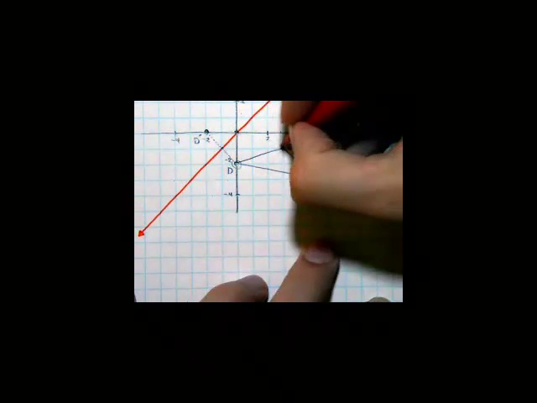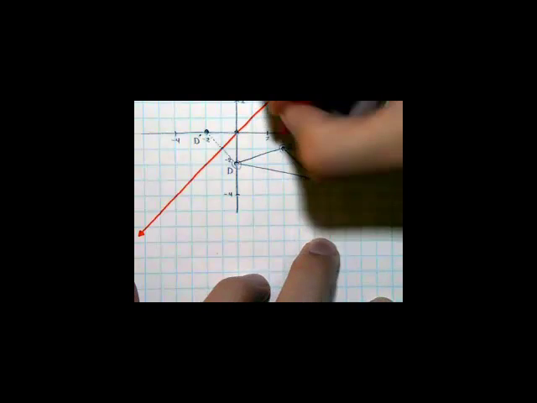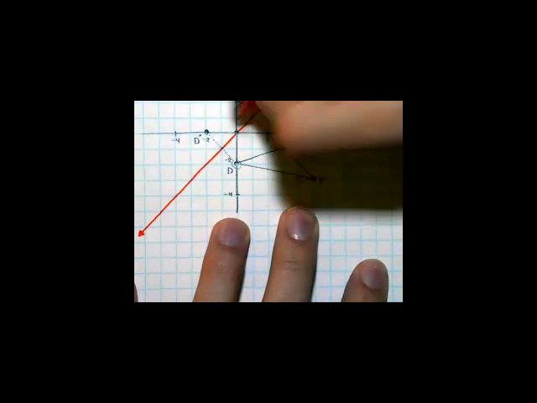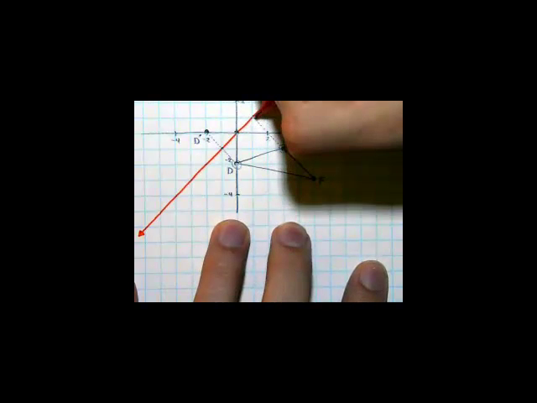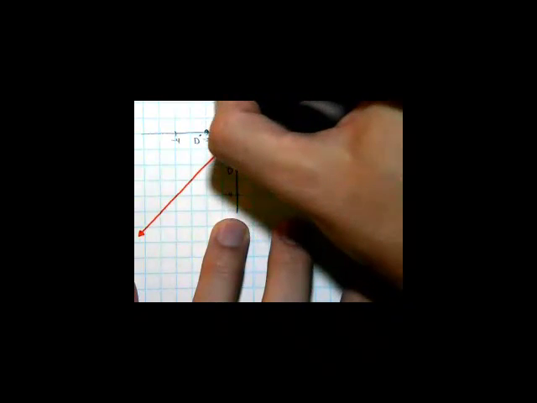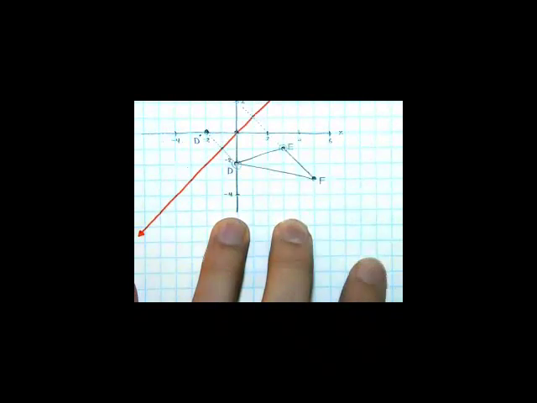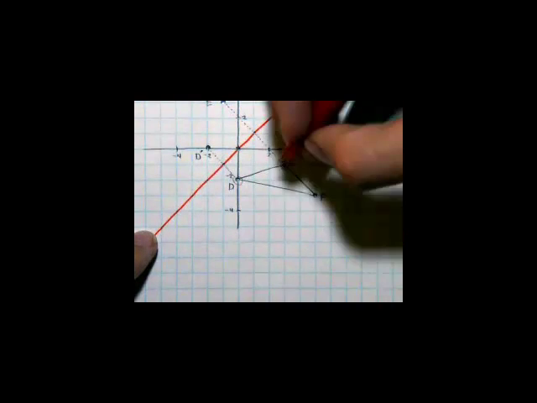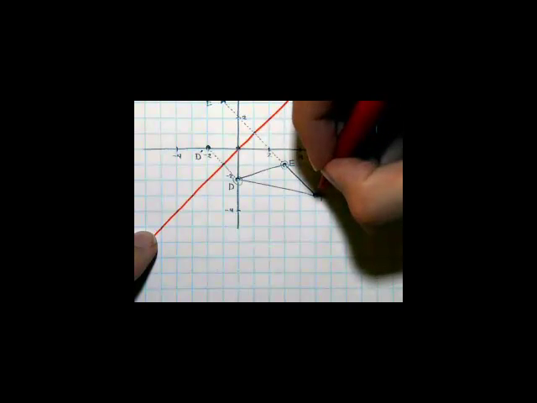Okay, so let's try the same thing with E. Okay, so I'm going 1, 2 diagonal boxes to get to the line of reflection. So then 1, 2 onto the other side. Boom, there's E prime. And then F. So this one, I got to go 1.